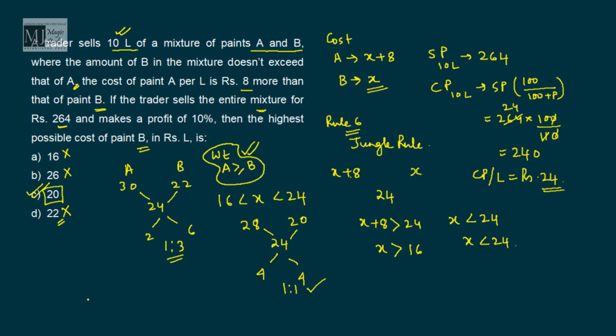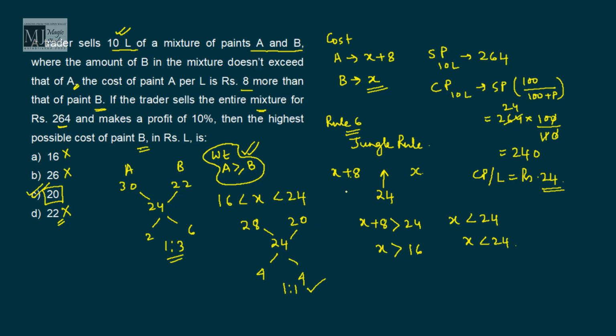Okay. Now, we can use the concept also to find the maximum value of x. Since x plus 8 and x is there, 24 is the average of x plus 8 and x. So maximum value of x would be just achieved when 24 would be at the center.